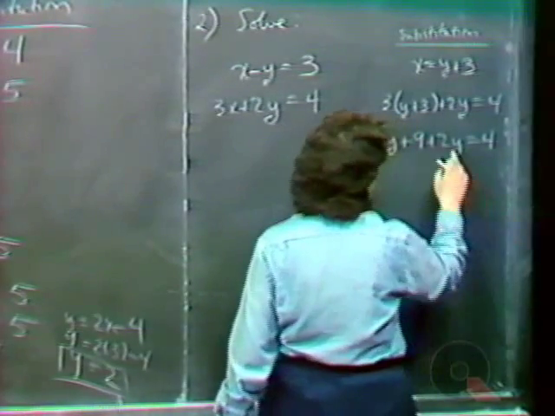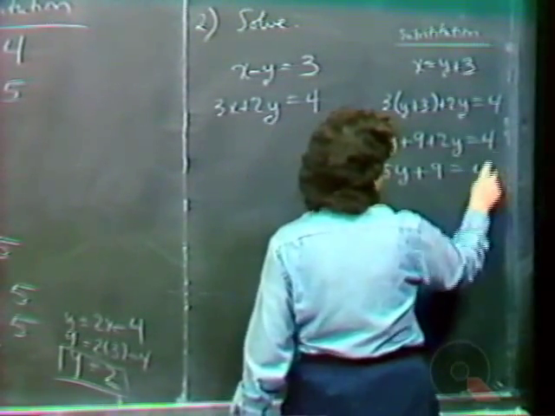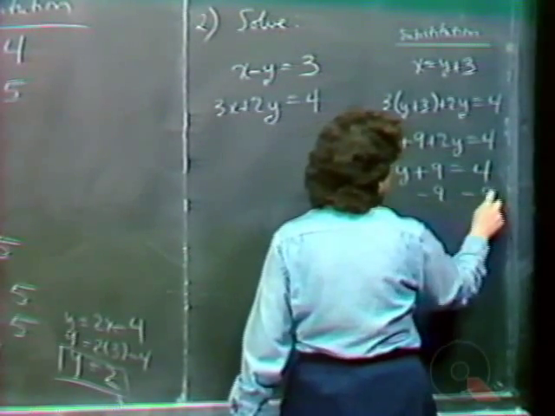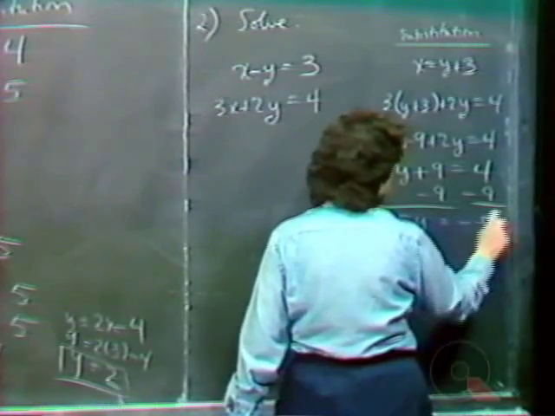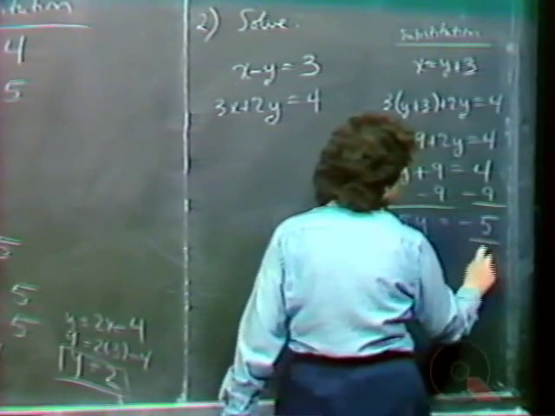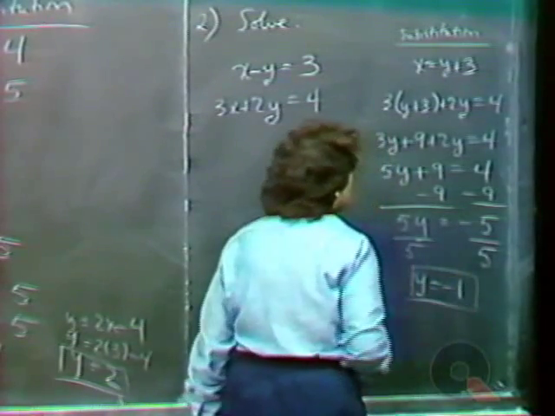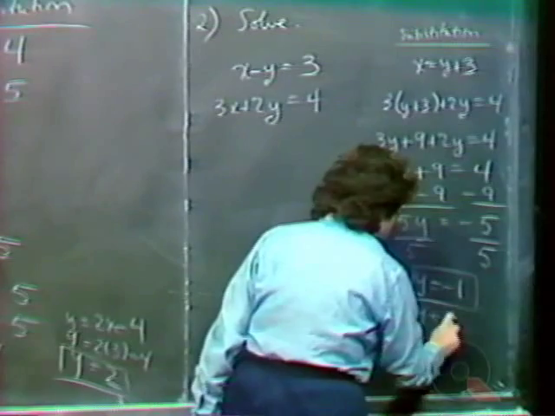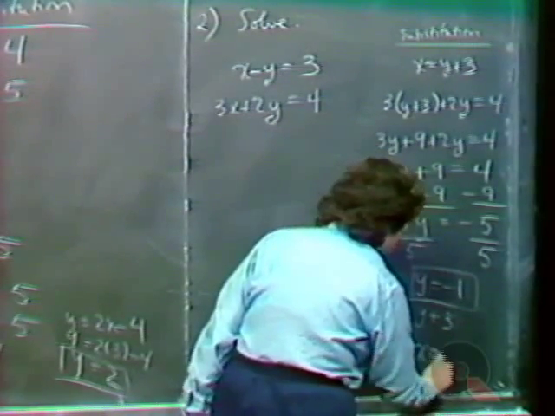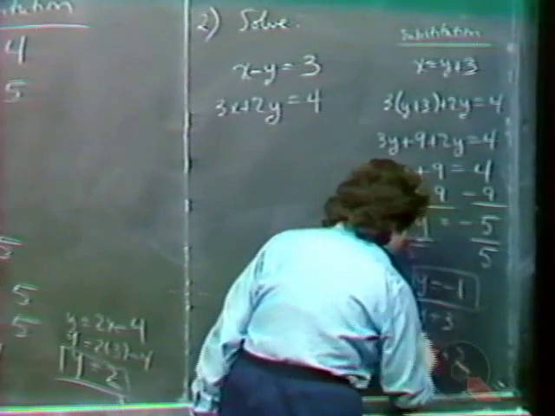Collecting like terms, 3y plus 2y, 5y plus 9 equals 4. Subtracting 9 from both sides, 5y is minus 5. Dividing by 5, y is minus 1. And then if x is y plus 3, x must be minus 1 plus 3, or 2.